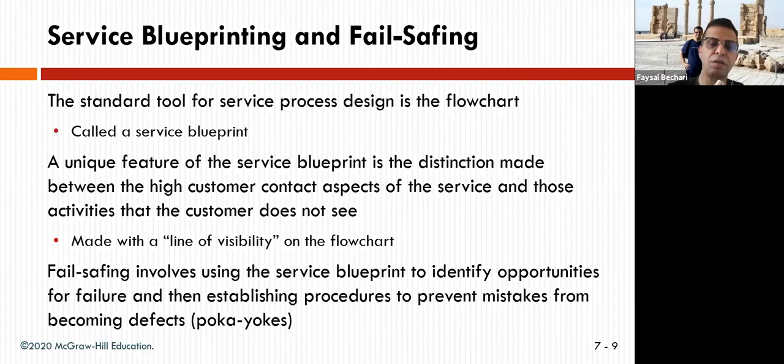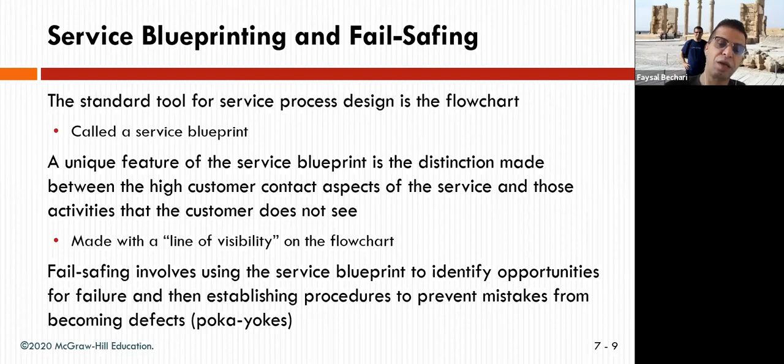The standard tool for service process design is a flow chart, which is called a blueprint, showing how the service is moving. A unique feature of the service blueprint is the distinction made between the high customer contact aspect of the service and those activities that the customer does not see.